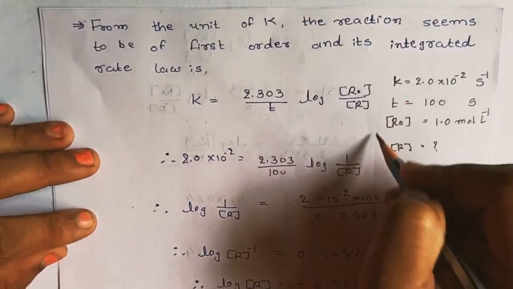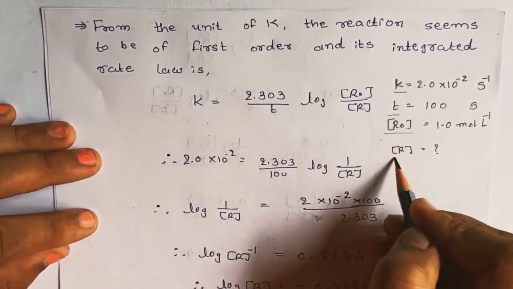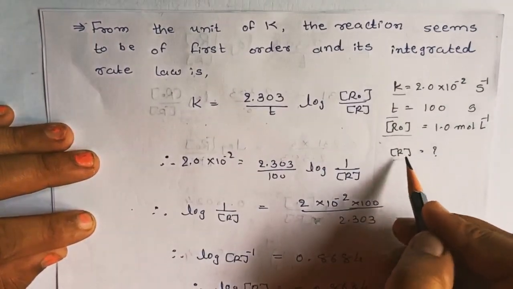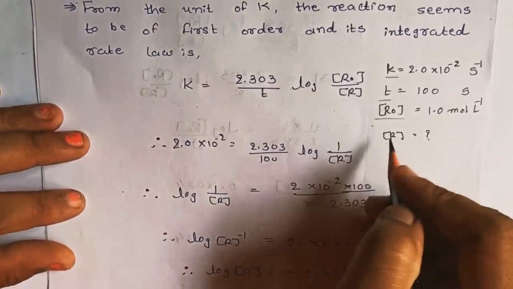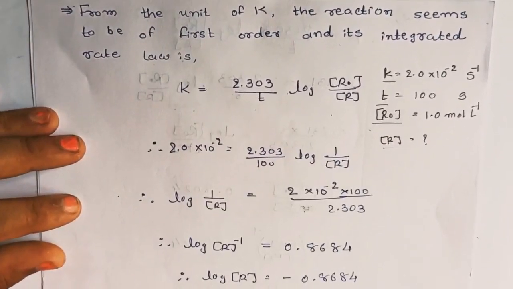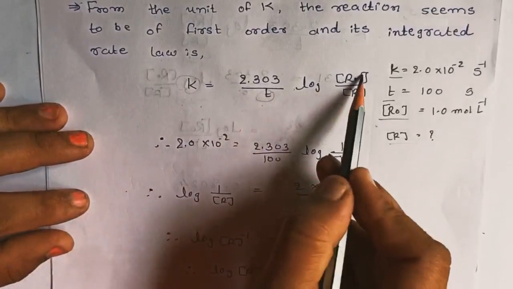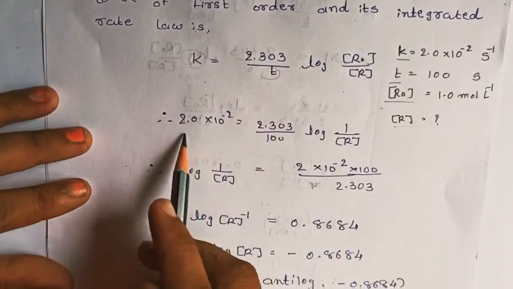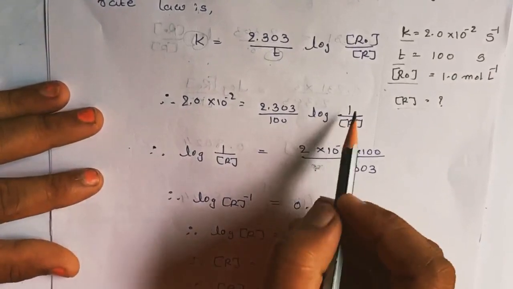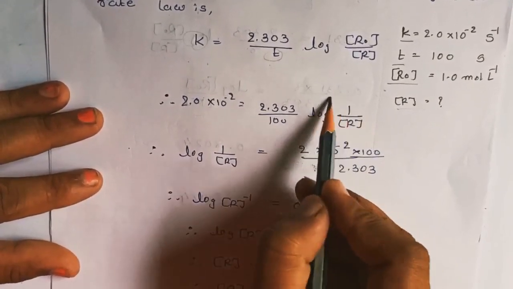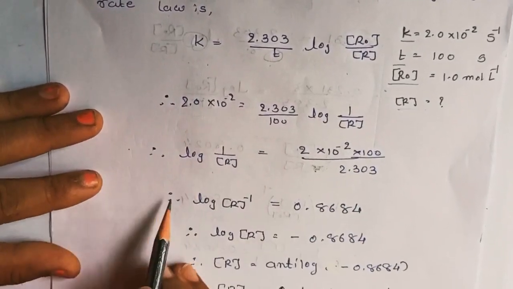And also write the given data: the rate constant given, time given, R naught given. We have to find the concentration of R, the remaining concentration of A. So replace the value of k, t and R naught which are given. Now you want that R, so subject log R naught by R and rearrange the formula.